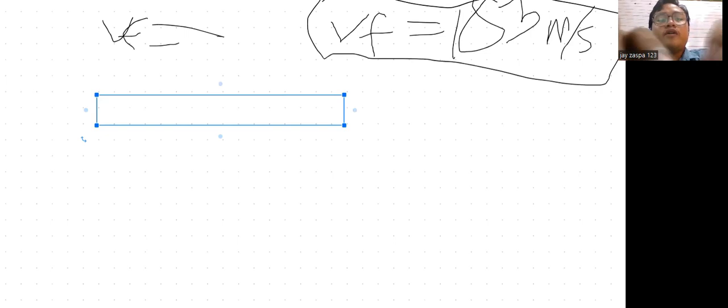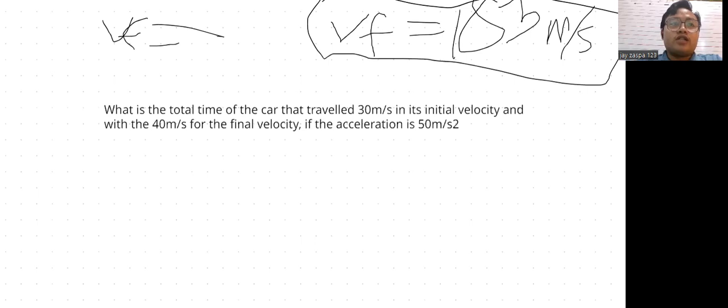If the acceleration, let's have 50 meter per second squared. Okay, now those are the givens. So we are asked to get the total time.